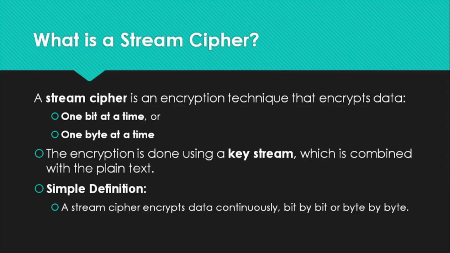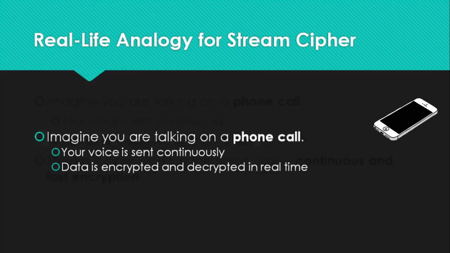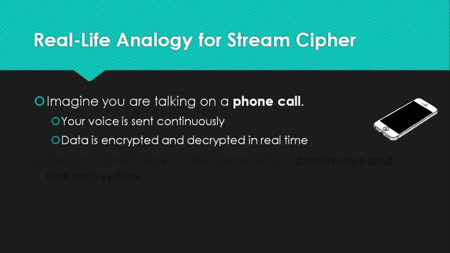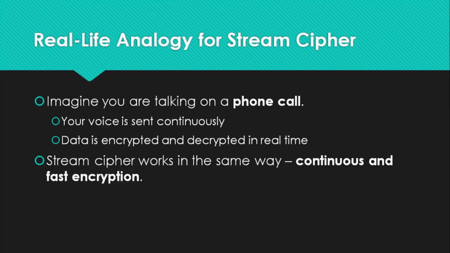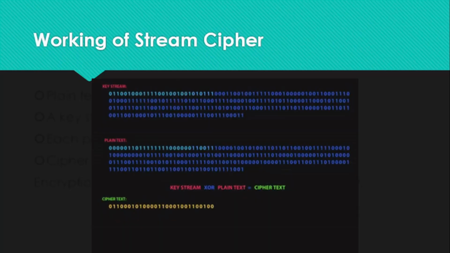In simple words, a stream cipher encrypts data continuously, either bit by bit or byte by byte. To understand this better, think about a phone call. When you speak, your voice is transmitted continuously in real time. In a similar way, stream ciphers encrypt data continuously as it flows. There is no need to wait for the entire message before the encryption starts.